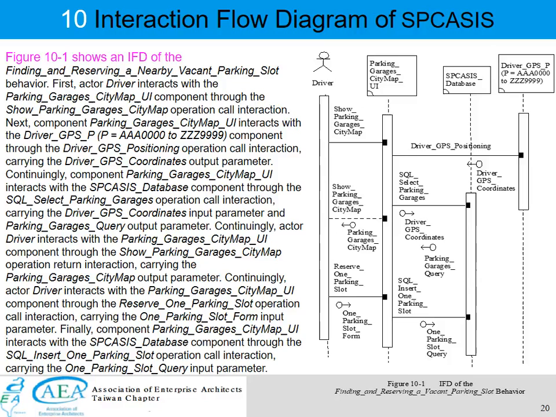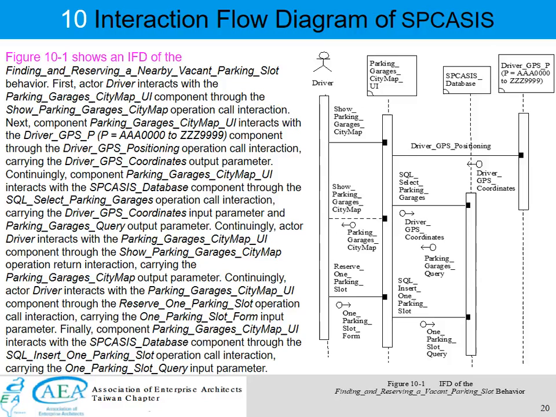Then the third interaction, the UI component will save the driver GPS coordinate data into the database. Also, we get the output data, parking garage query, from the database. Then the driver can see the parking garage city map.